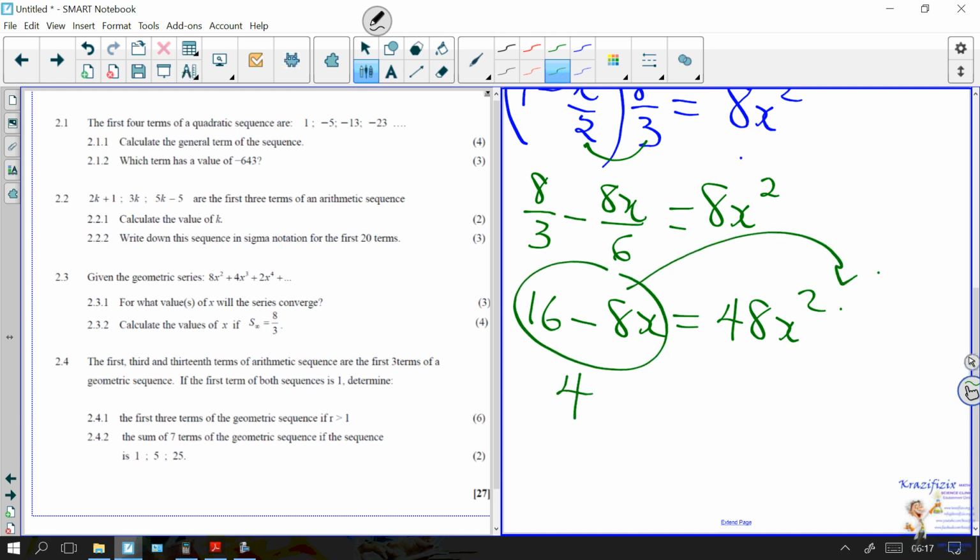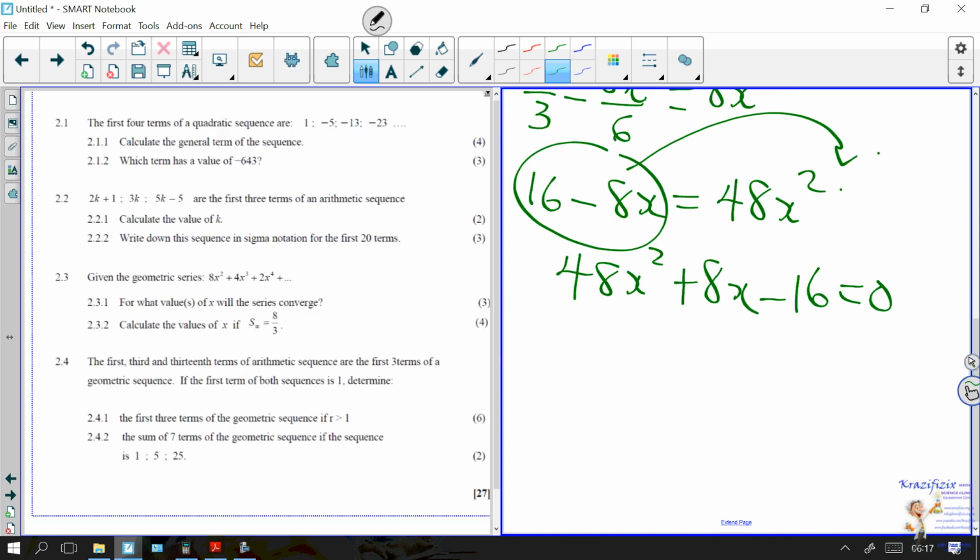What are we going to have? 48x squared plus 8x minus 16 equals 0. I just moved these to the side, but I wrote it on the left hand side so that it looks standard. Remember, when this positive 16 goes, it becomes negative 16. When negative 8x goes there, it becomes positive 8.